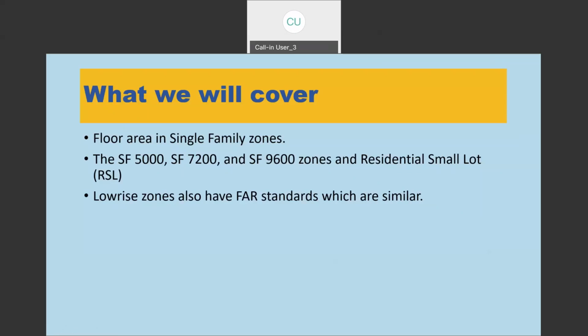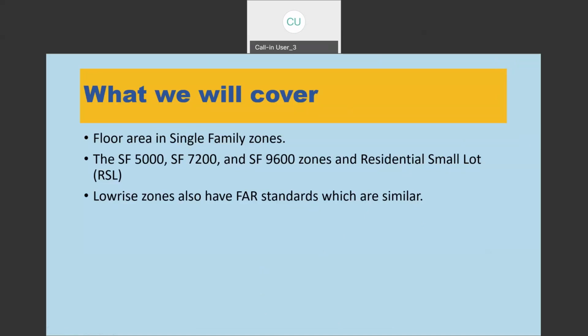The intro to FAR that I wanted to give is just to understand what floor area ratio is intended to do and how we do it. A lot of folks are probably familiar with typical zoning standards like a required setback or a front yard or a height limit. Lot coverage is another one, a standard that looks at how much of the surface area of a lot, if you looked at it as a plane, is occupied by buildings, the footprint of those buildings.